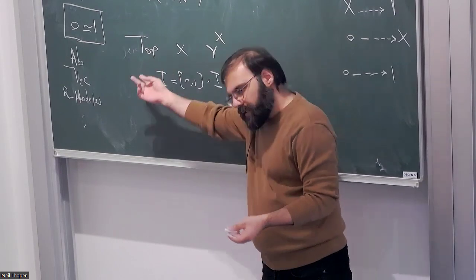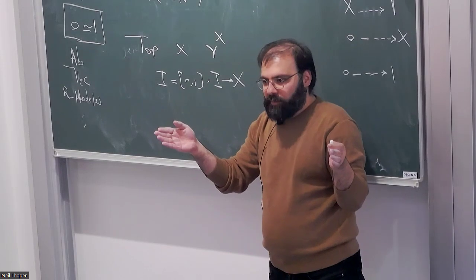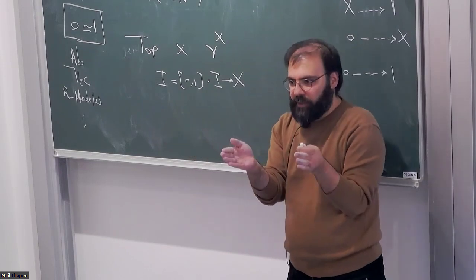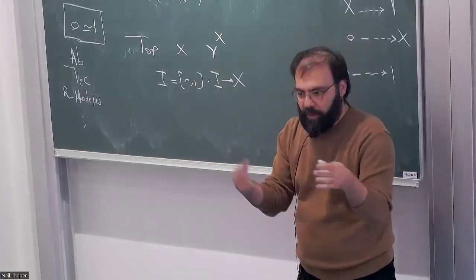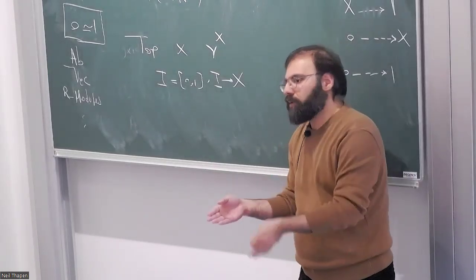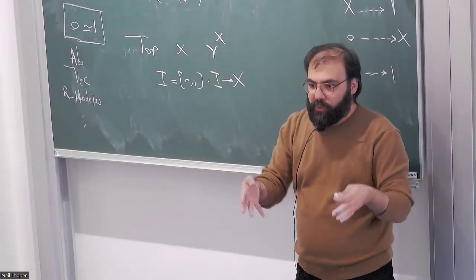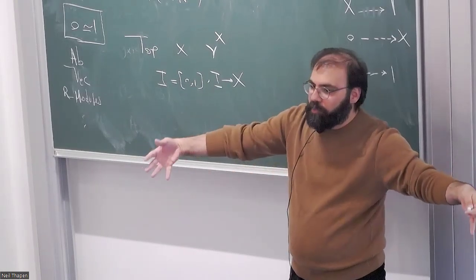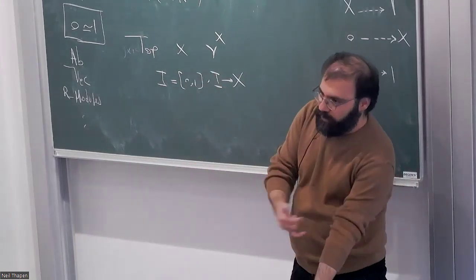People try to solve this problem by doing two different things. Sometimes they shrink topological spaces to some spaces that we care about, CW complexes, compactly generated spaces, the usual thing, and then you get your exponentiation. Sometimes you have to expand to bigger so-called spaces where you really have exponentiation.